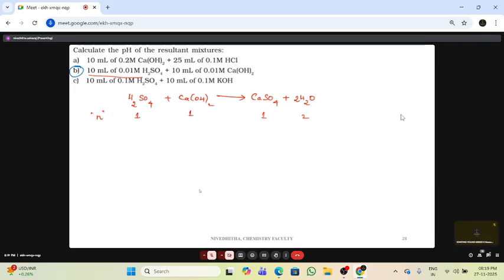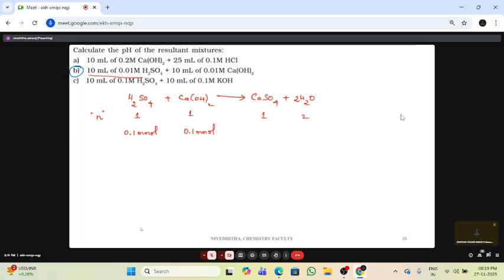I want it in terms of millimole. Yes, 0.1 millimole. So number of moles of sulfuric acid involved is 0.1 millimole. And number of moles of calcium hydroxide is also the same, right? 0.1 millimole.